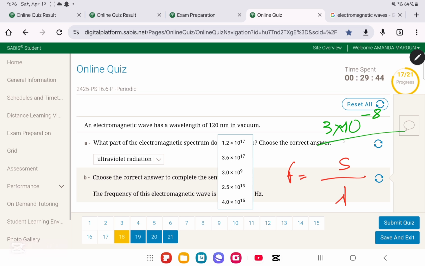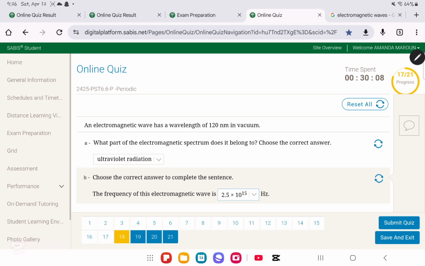We're going to divide it by the wavelength, which was 1.2 times 10 to the power of minus 7. Or we can take it as it was before, which is 120 times 10 to the power of minus 9. You put it on the calculator, and you will get an answer, which is 2.5 times 10 to the power of 15. So very simply over here, it is 2.5 times 10 to the power of 15 hertz.